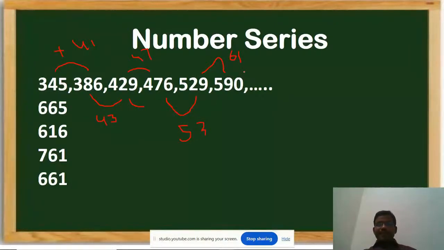The next gap is what? 10. 41 to 43 is 2, 43 to 47 is 4, 47 to 53 is 6, 53 to 61 is 8. So the next gap is 10. So 61 plus 10 is 71 as the gap. 590 plus 71, 661 is the correct answer.